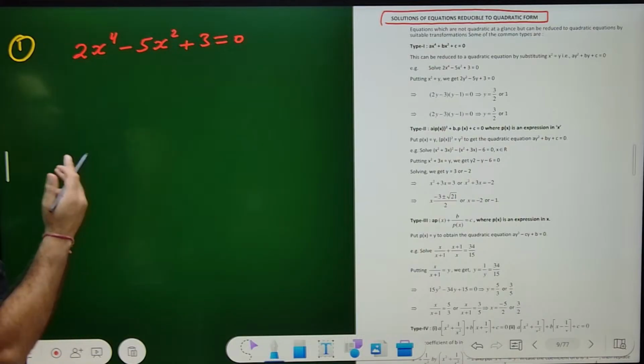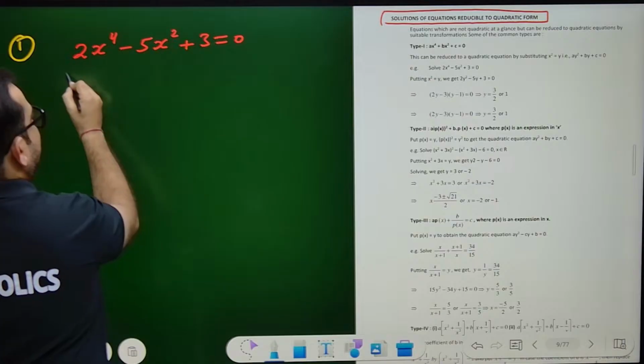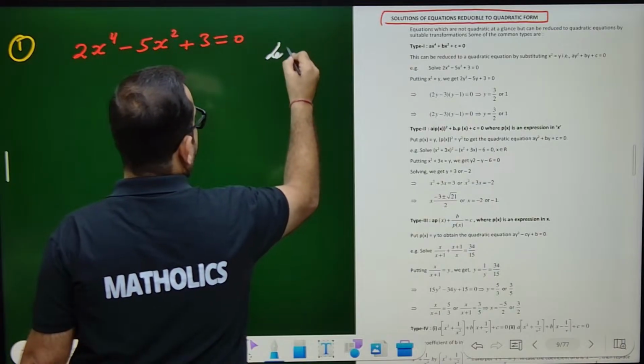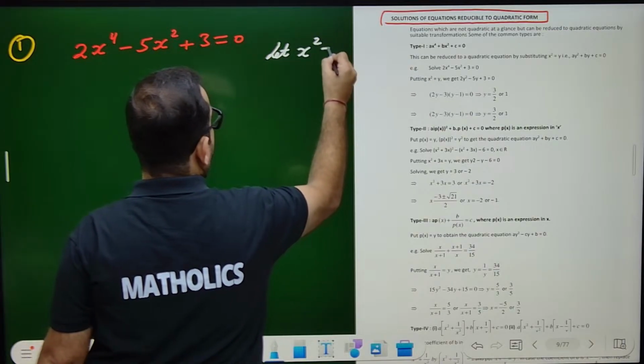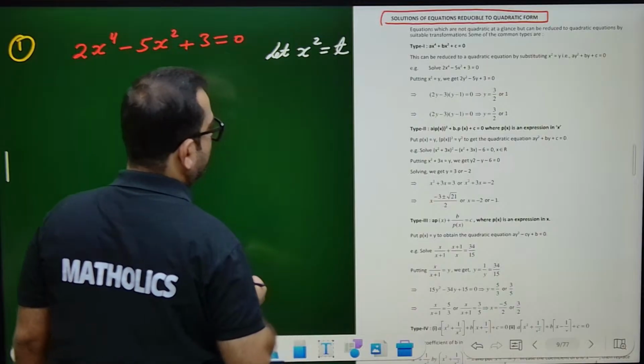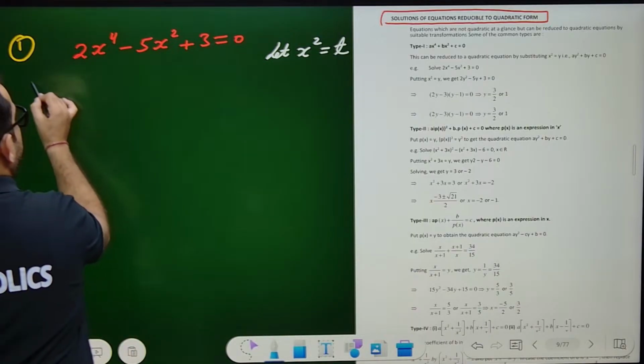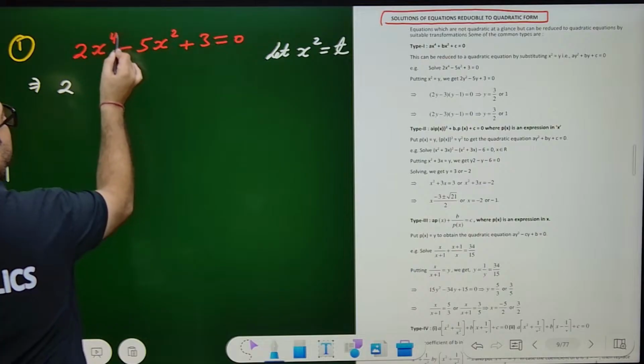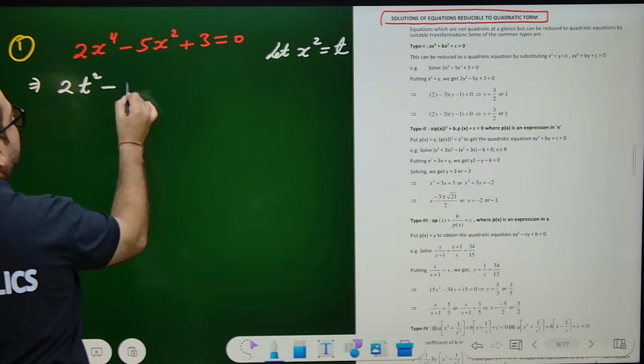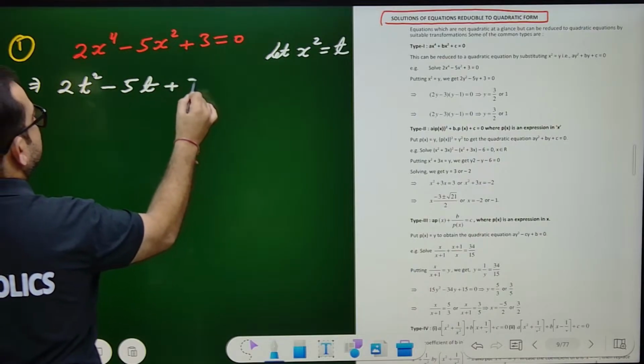We just know how to solve squares, not power 4. We'll let x square equal to t. What I've done is x square equals t. So this equation will reduce to, this is x square whole square, that means 2t square minus 5t plus 3 equals 0.